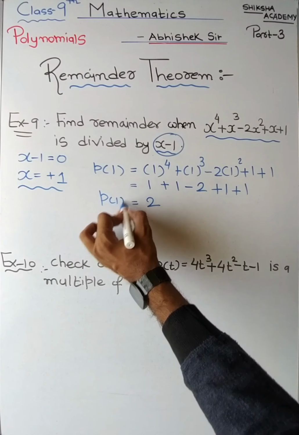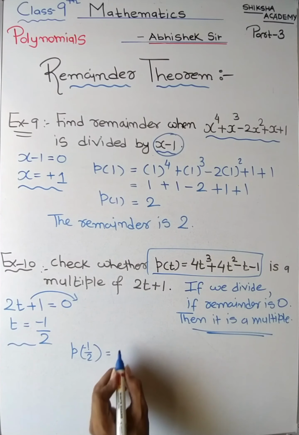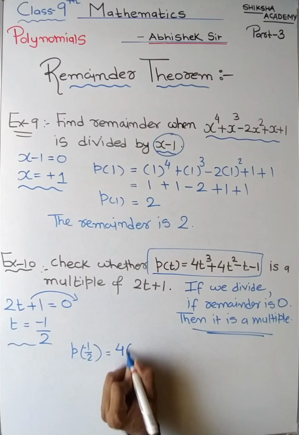So let us start with finding the 0. We will use remainder theorem only. Finding the value of t, plus 1 goes on this side, becomes minus 1, and 2 goes on this side. So t equals to minus 1 by 2. So let us put minus 1 by 2 in this polynomial. Fraction, so little bit simplification you have to take care.